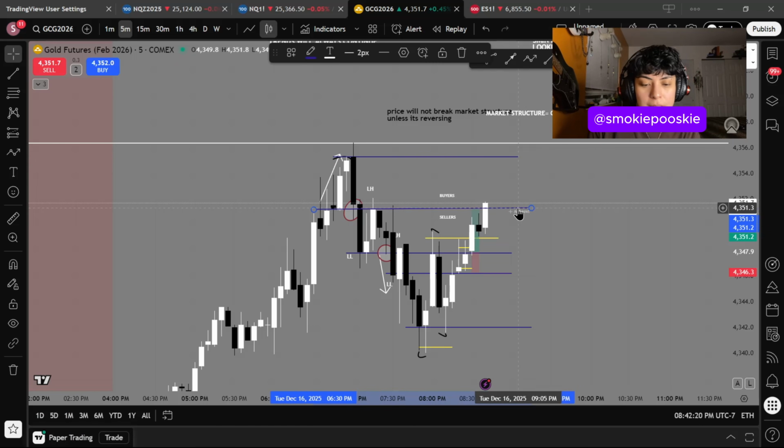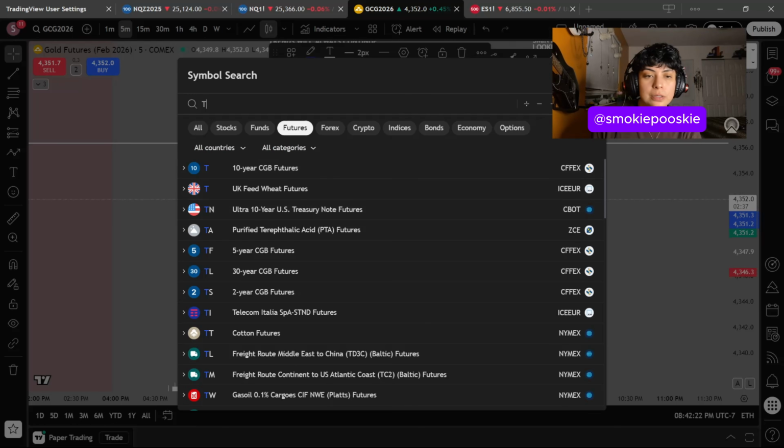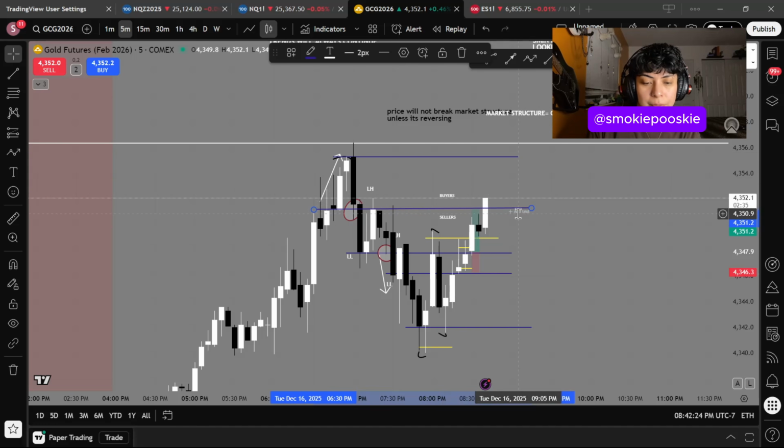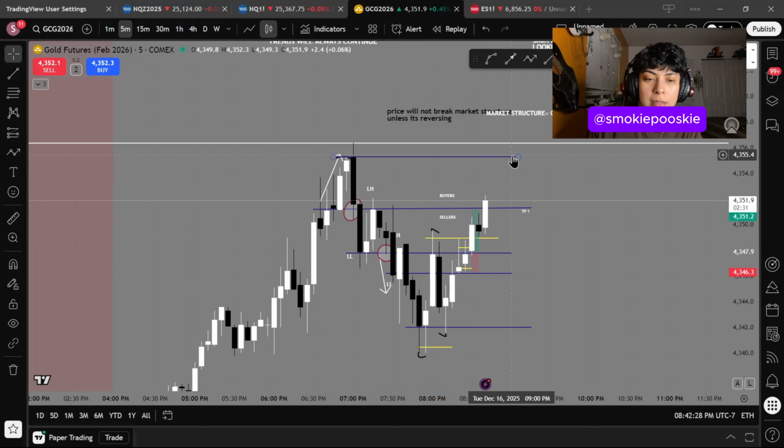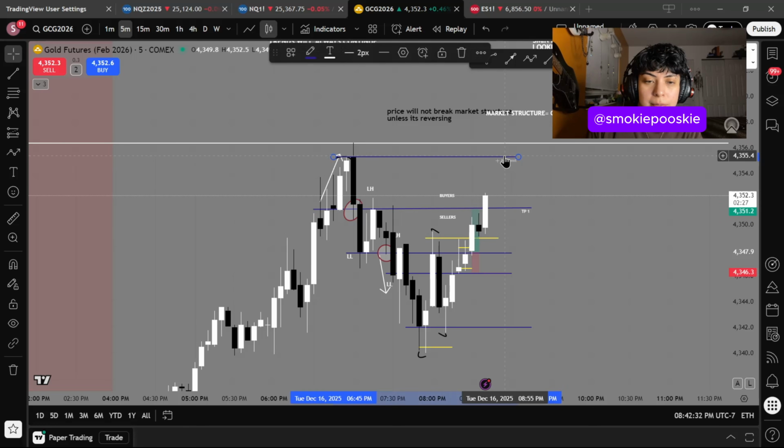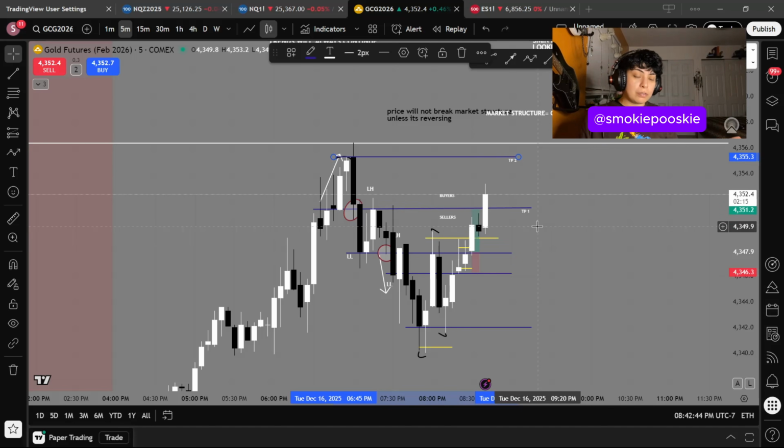TP1, and then right here, this one would have been your TP2. You would have held to see if it would have hit. If it doesn't, your TP1 is hit, and then whatever you get above it is just extra, so be grateful for it.